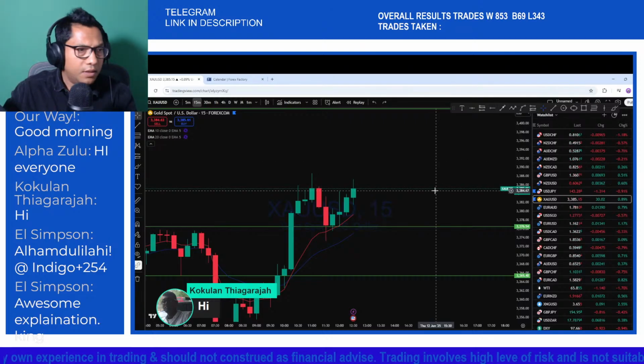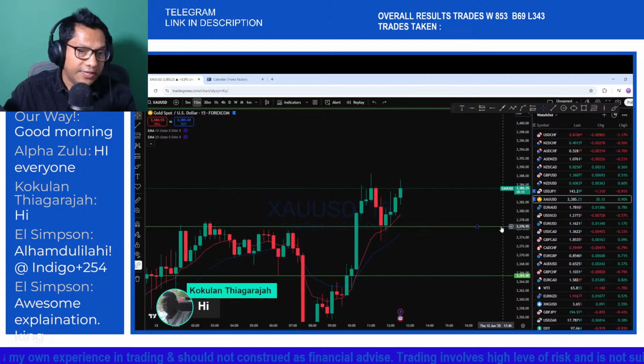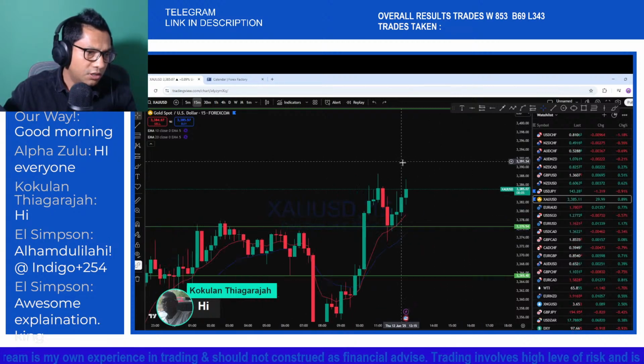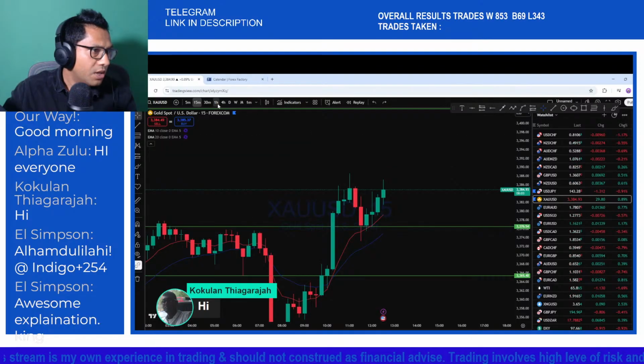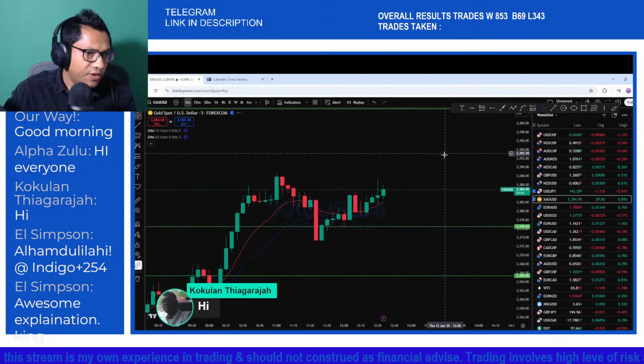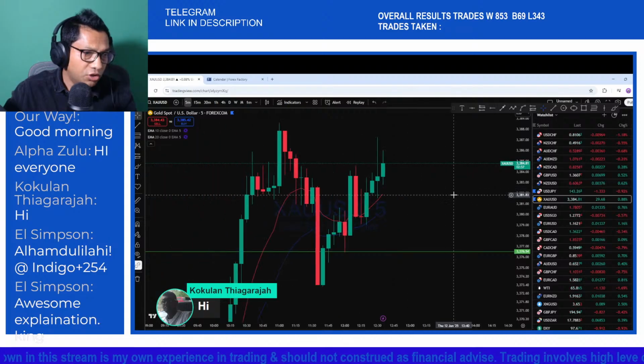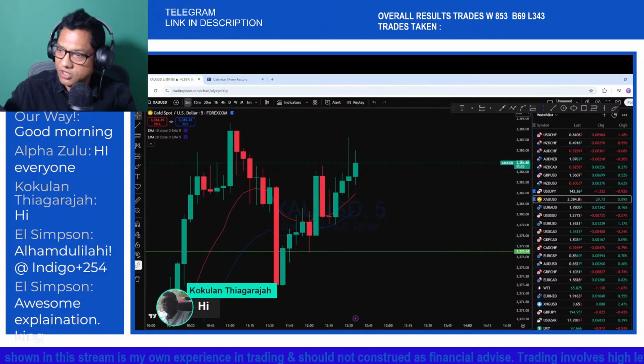I'm waiting for an entry. As the data has come out, we could see a possible rejection back to the upside. So looking at the lower time frame, the 5 minutes, you can see there's a 5-minute doji formation also, which is bullish price action in this area.